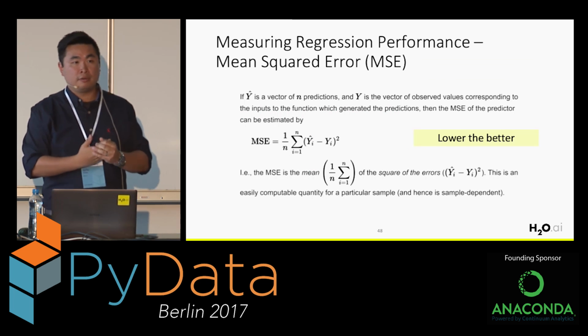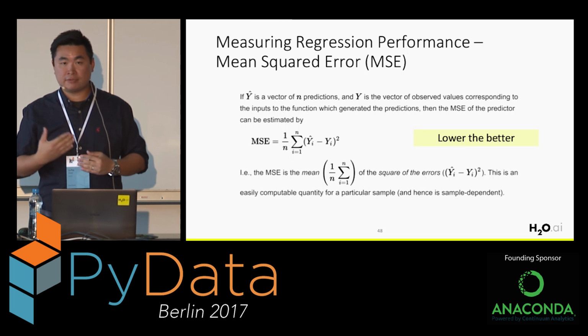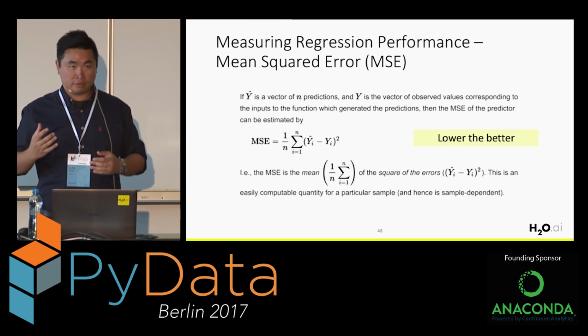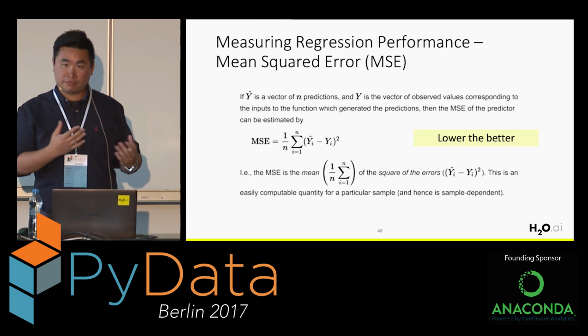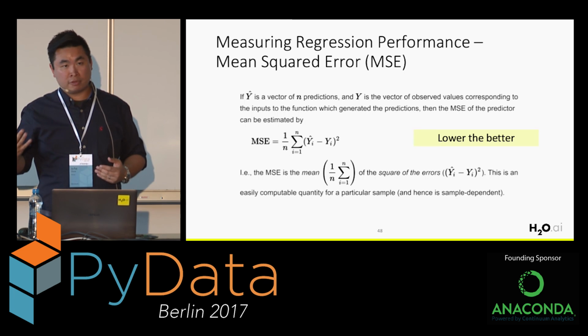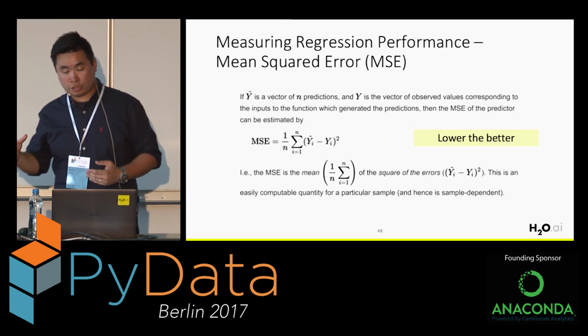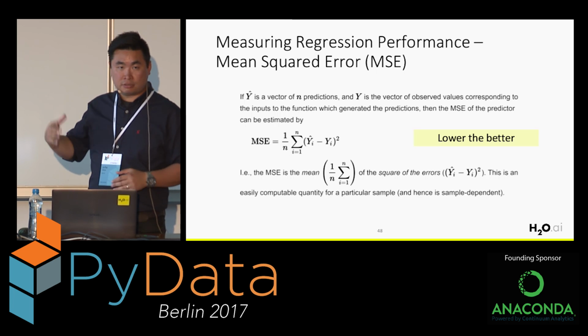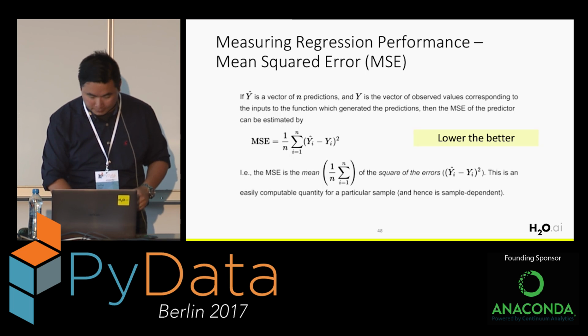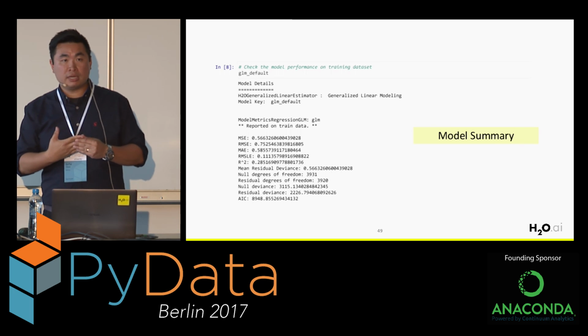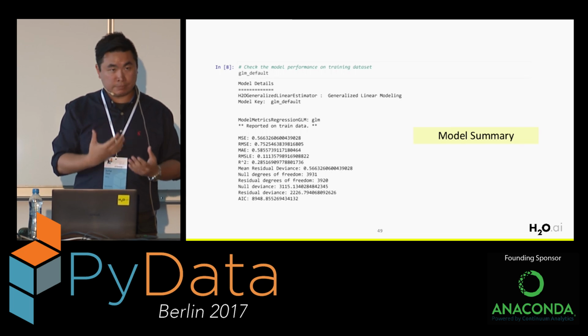For machine learning problems, we need something to measure the performance. There are many metrics already implemented in H2O for different problems. I'll just pick one of them: we're using the mean squared error. If you have a lower error, then it's a better model. After you train the model, you can just print it out in Python.